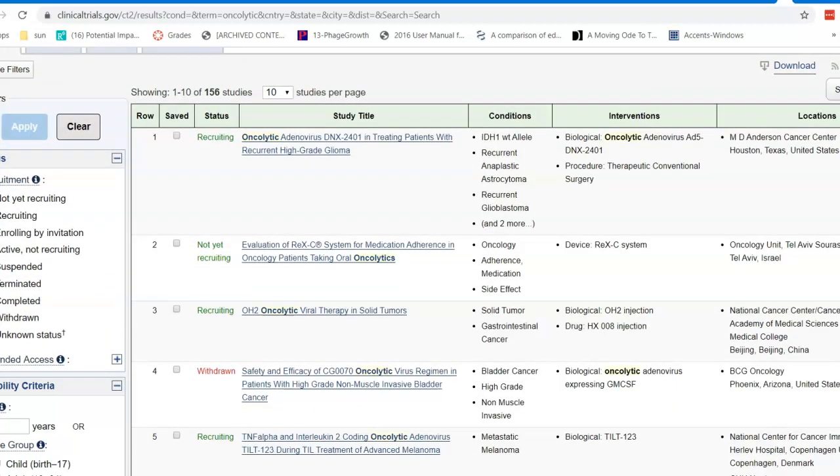So recruiting now, adenovirus. This is a common virus used in therapy. It's a DNA virus. Adenovirus is associated with usually the common cold or inflamed adenoids, usually very mild illness, and then if you use it for gene therapy, or for an oncolytic therapy, you usually modify the virus.